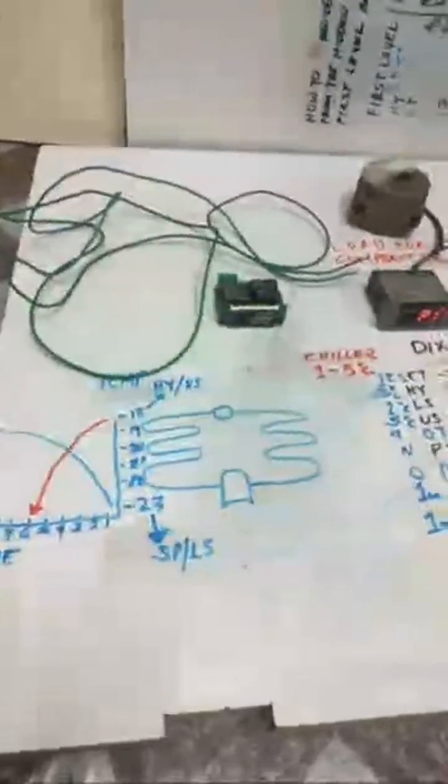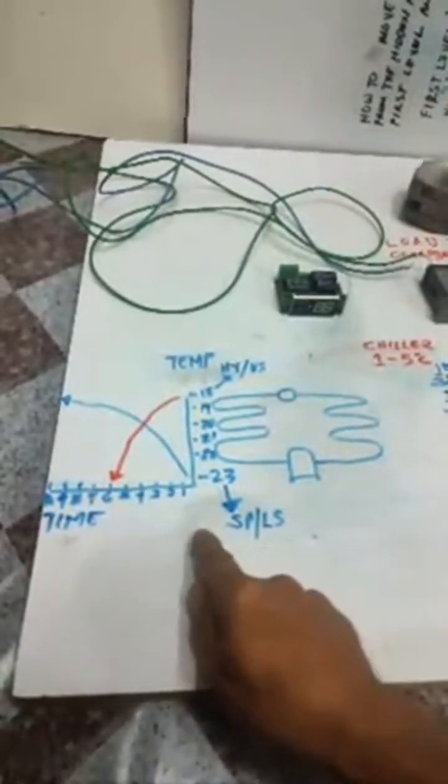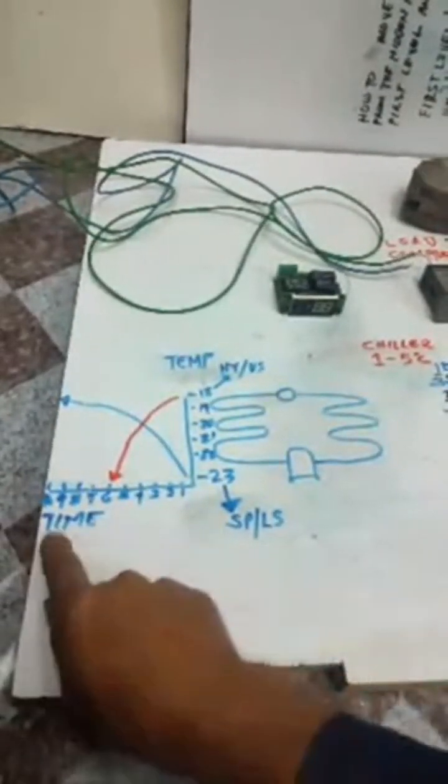Why? Let's go here. Here is my graph. The horizontal axis is my time. I begin with 1, 2, 3 until 10 minutes. The vertical axis is my temperature.